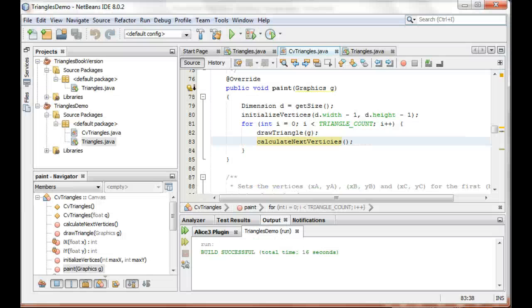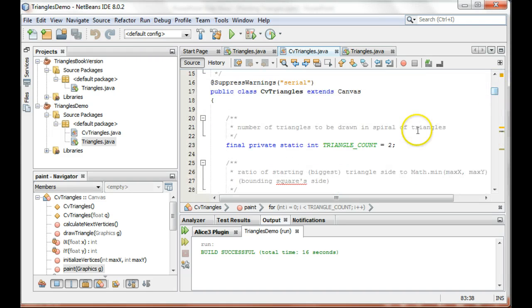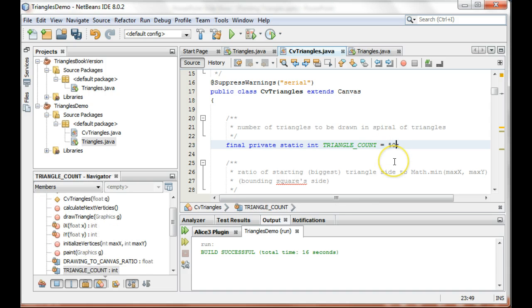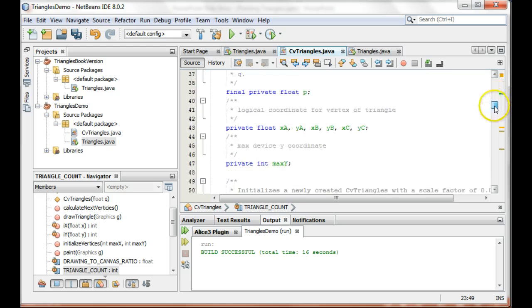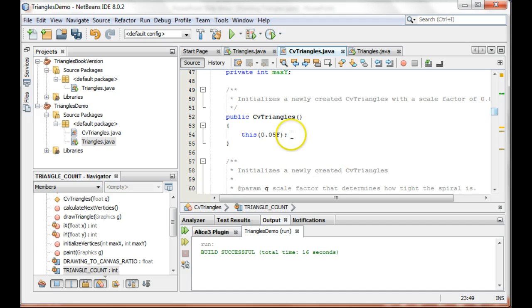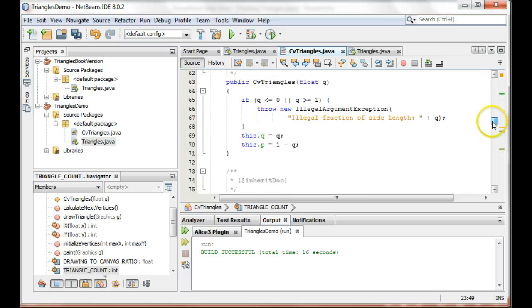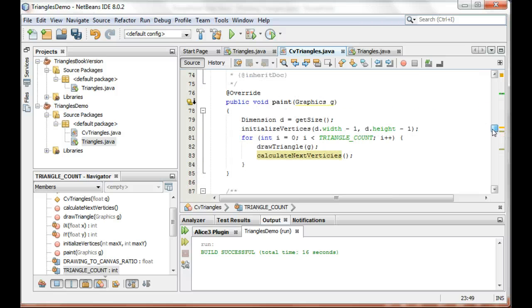Let me just see if I still have it set up to draw 50 here. Okay, so now let's set the triangle count to 50, back the way it was. Make sure my ratio is 0.05 again, because I want to make my rotation smaller, and I think that's all I needed to do to fix it up.